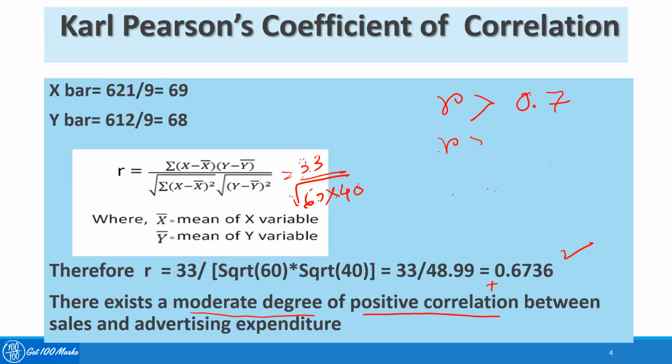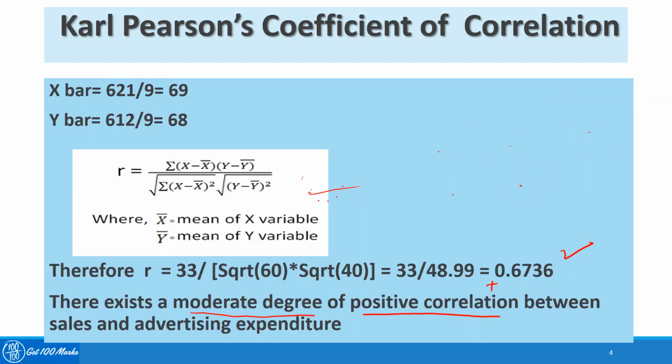If r is greater than 0.5 and less than 0.7, we say moderate degree of correlation. If r is less than 0.5, we say very low or negligible degree of correlation, or sometimes we call it no significant correlation. That's the way we calculate the Pearson correlation coefficient.